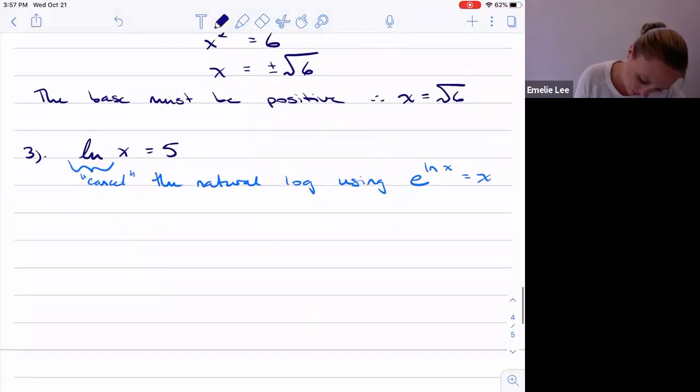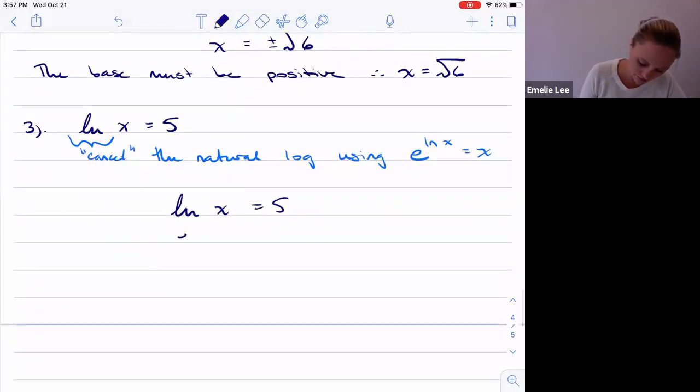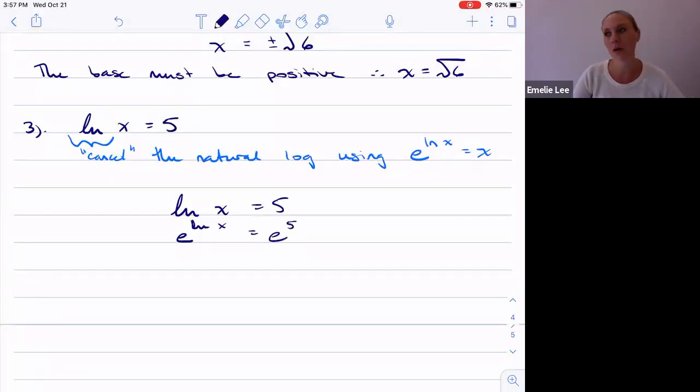So if we have the natural log of x equals 5, if I take e to the ln of x, that equals e to the power of 5. E to the power of 5 is just a number, right? And so now I'm able to drop down this x, so x must be e to the power of 5.